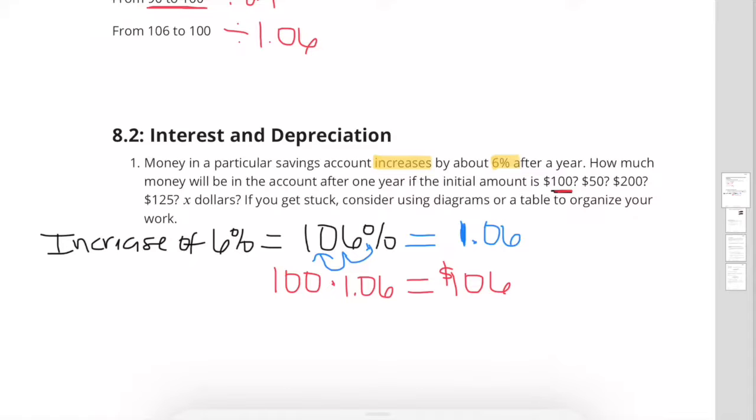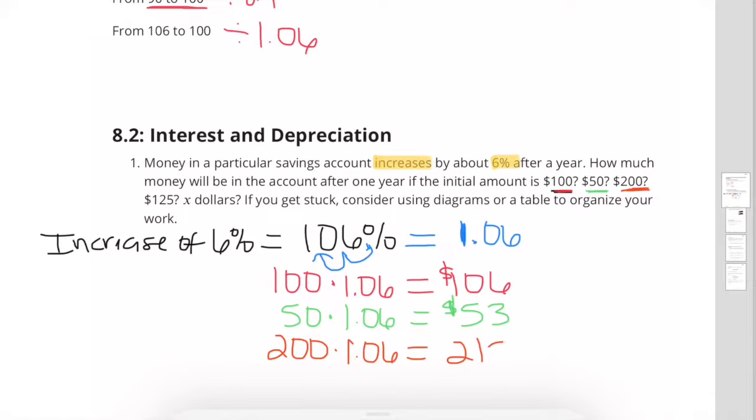Okay, what about $50? Same thing. So it'd be 50 times 1.06. Okay, $53. What about $200? It'd be 200 times 1.06, which would give me $212.